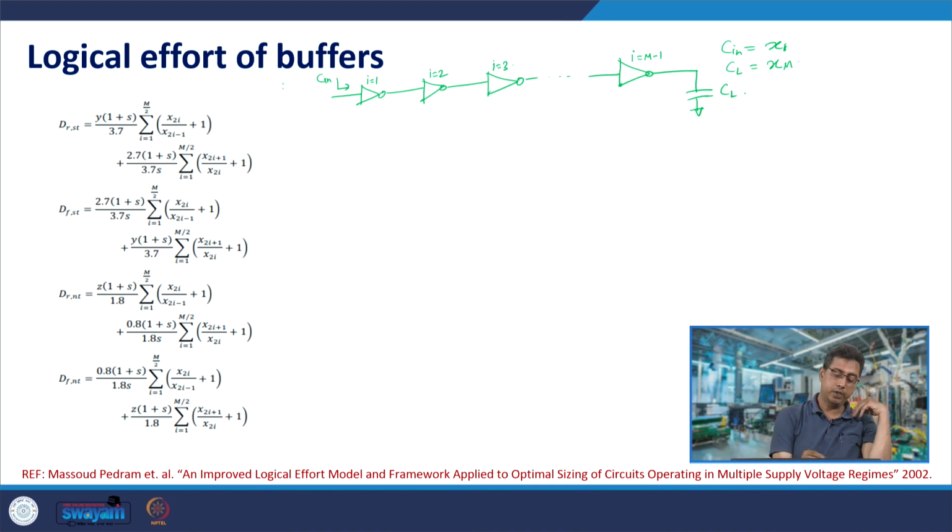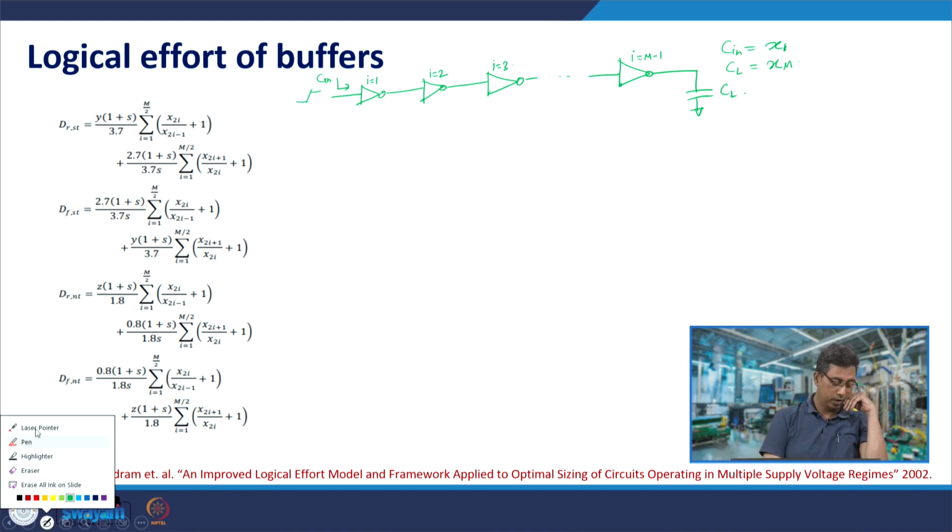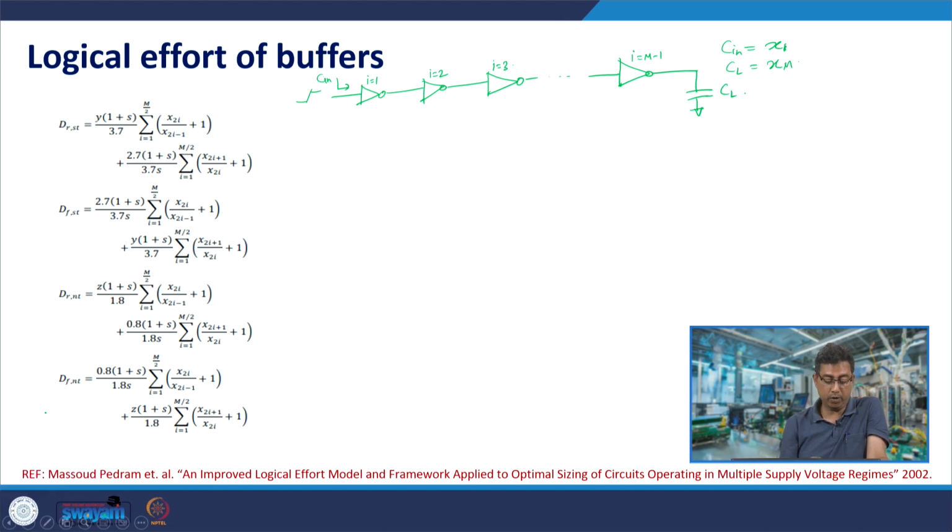Suppose the input is rising and you are dealing with the near threshold voltage regime. Then for input rising, what is the logical effort in the near threshold voltage regime? We know that G is, as we had done earlier, Z times, because of the body bias. Input is rising, so output is falling. So, Z times 1 plus S divided by 1.8. 1.8 is for the standard template inverter, the input capacitance.